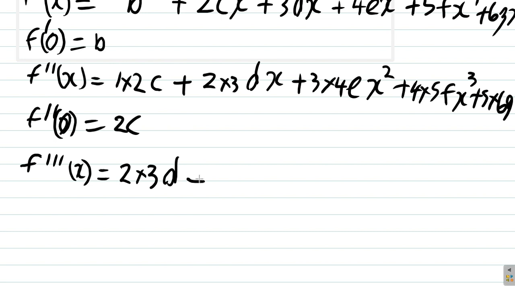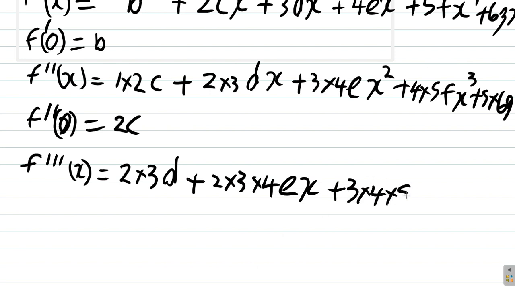No x is here. Plus, this is going to be 2 times 3 times 4 e to the 2 minus 1 is 1. So it's x to the 1. We don't have to show the 1 there. See that? Plus, multiply by the power. This is 3 times 4 times 5 f x to the 3 minus 1 is 2.